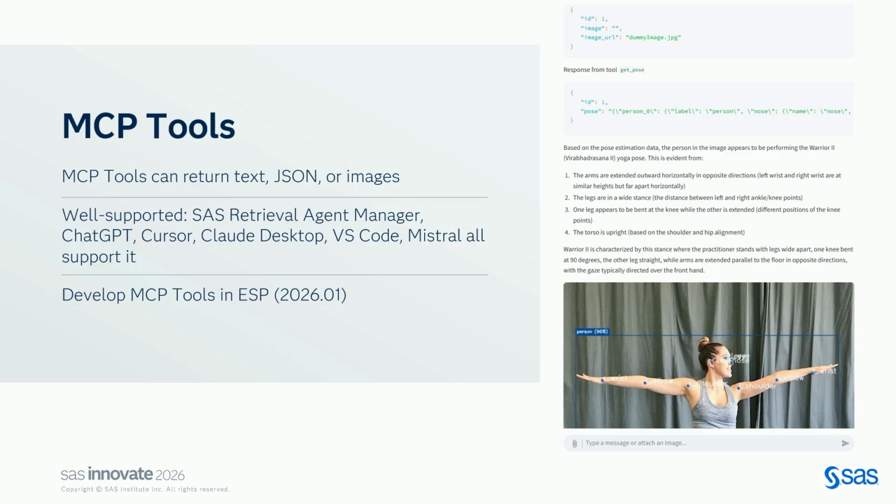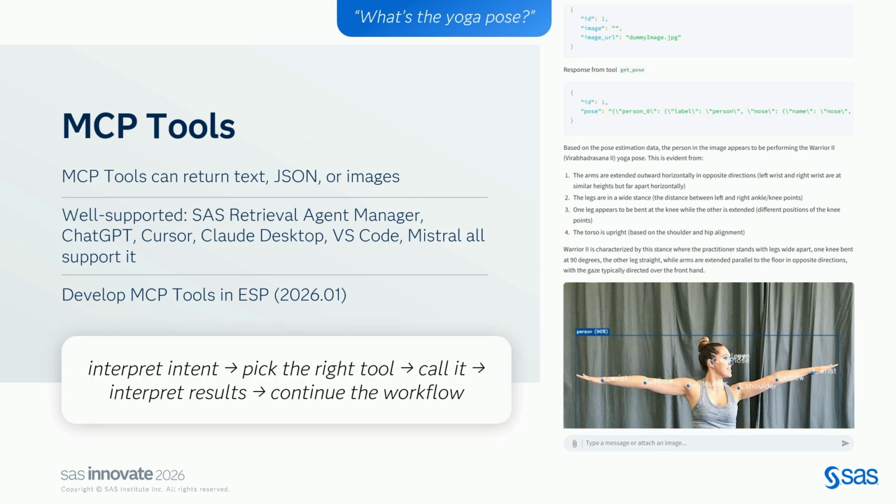How it works is, if you have developed this MCP tool, you can ask questions like, what's the yoga pose? And then send a picture along with it. The LLM will recognize that it has a tool available to do pose estimation in this case, and it will make a call to ESP. ESP replies back what kind of key points it found, and then the LLM does a final interpretation of, okay, this must be the Warrior 2 yoga pose. This is how powerful that combination is.